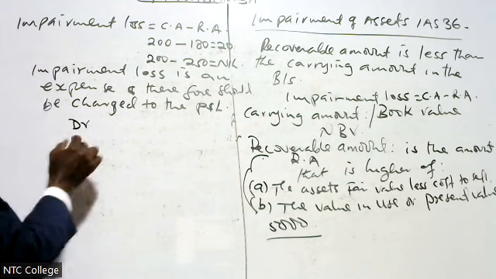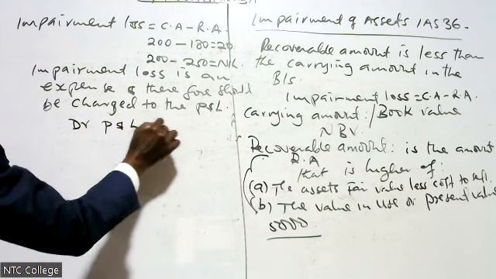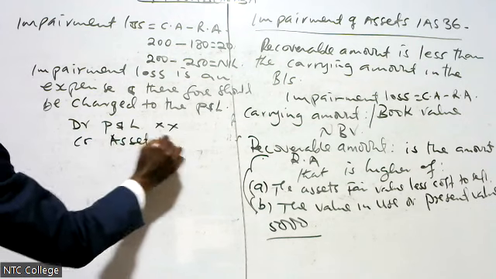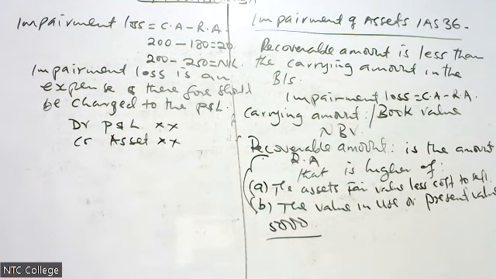Therefore, you are going to debit P and L as an expense. Then you credit the asset account, which will reduce the value of our asset.